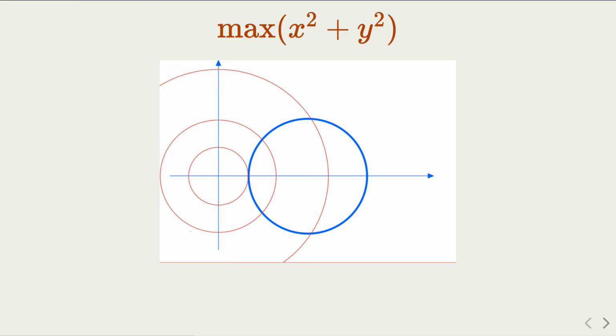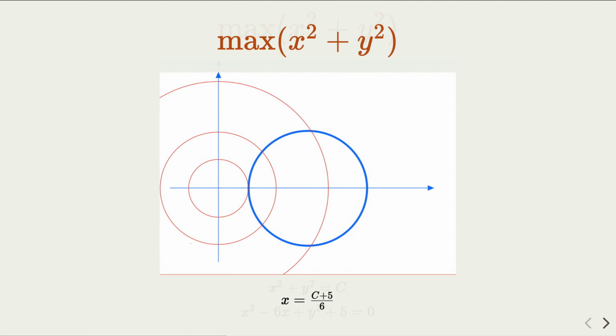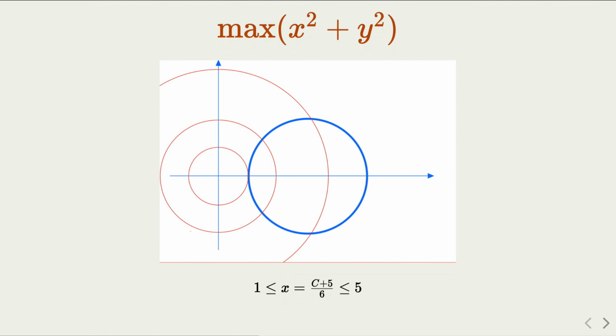Once you have the interpretation, it's easy to solve. You plug in here, and you notice that the constant C we're looking for satisfies this range. The extreme values are 1 and 25. In this case, we're looking for the max value, so the max is 25.